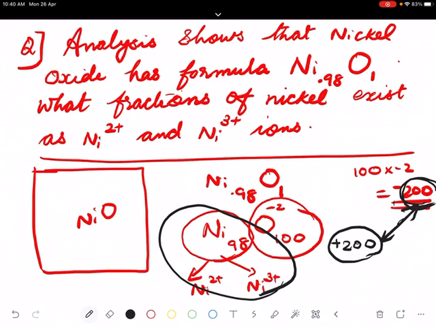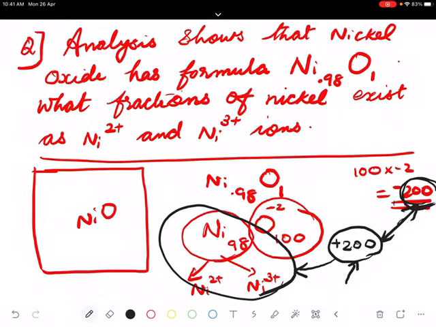So the number of positive charge is due to what all things? Ni2+ and Ni3+. Their all charges together should be equal to this number of positive charges.